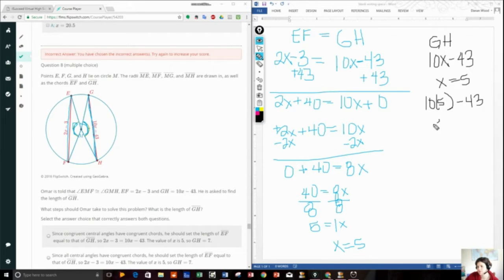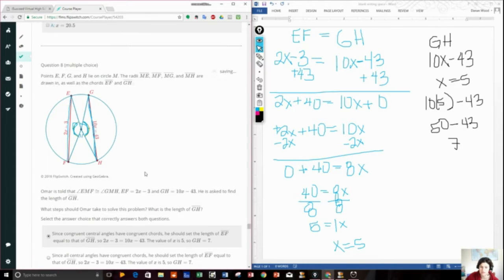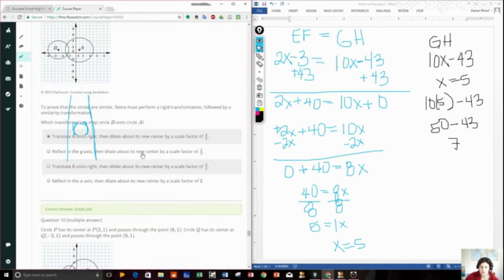So 10 times 5 is 50 minus 43. 50 minus 43 is 7. So yes, that is the correct solution.